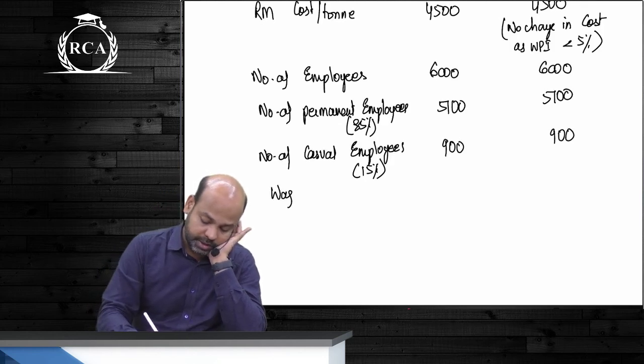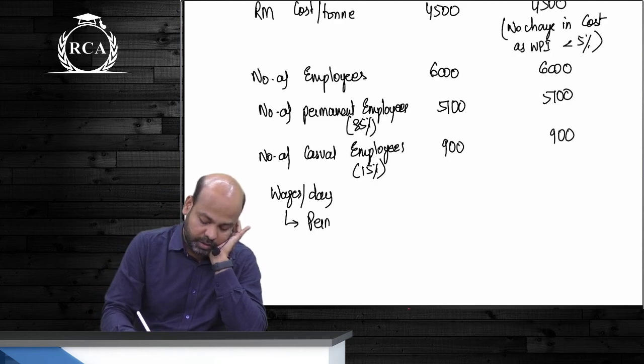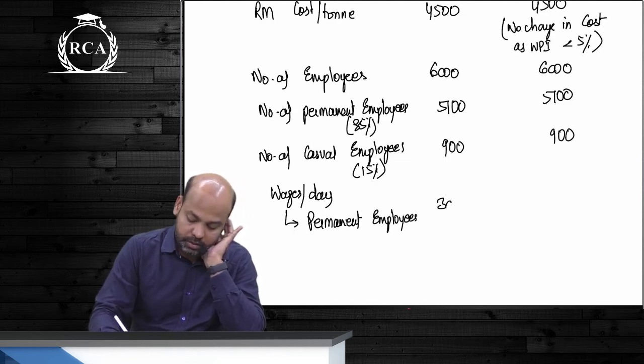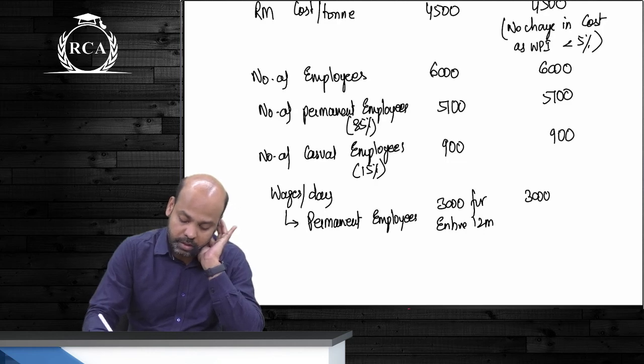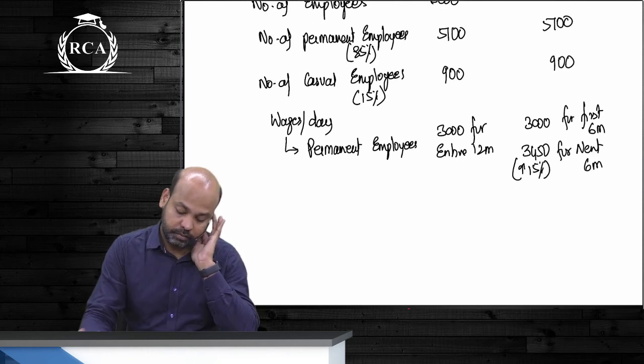What are your wages, beta, per day? For permanent employees, how much? 3,000 for first 6 months, then 3,450 for next 6 months.